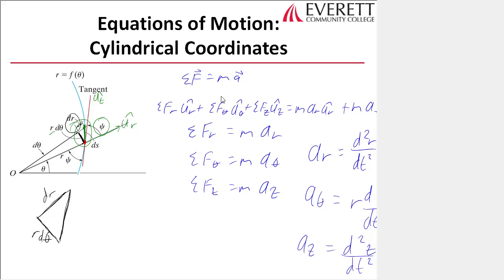And now we have to figure out how psi fits into this equation. Well, psi is right here. That one is psi. And if this is in the ur direction, that means it's parallel to my dr, right? So would you agree that, alternate interior angles, this one is also psi? So, how do I relate those three? How about tangent?